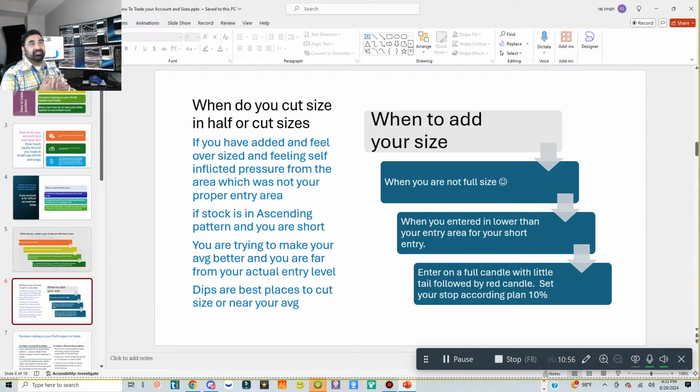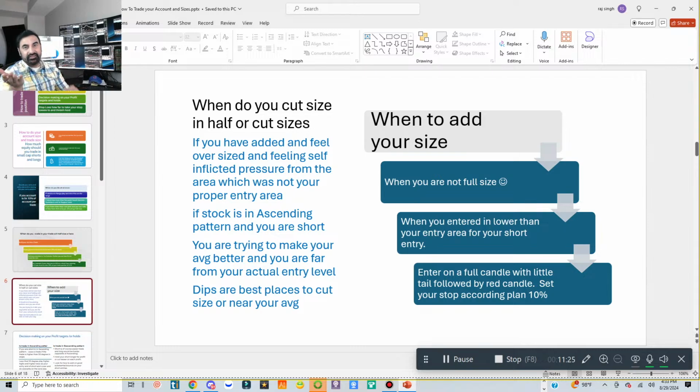So when do you cut size in half or cut size, period? If you have added, first, number one criteria, it's about yourself. More than technical, it's about your personality at this point. If you see that you cannot handle a 600 on a red, say your 10% gain is like, for example, $500.